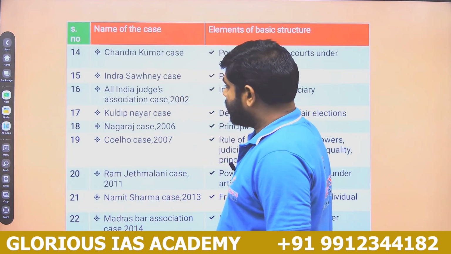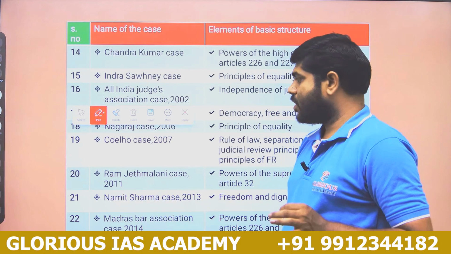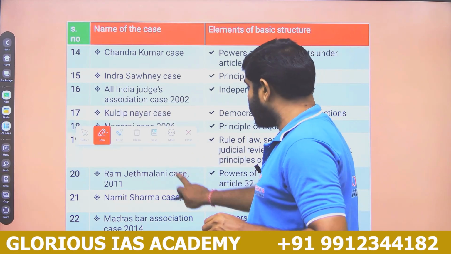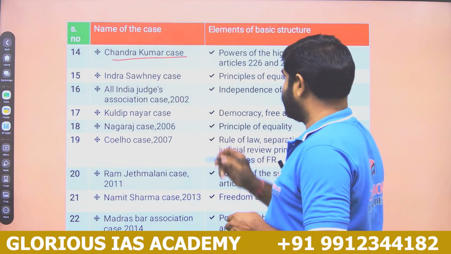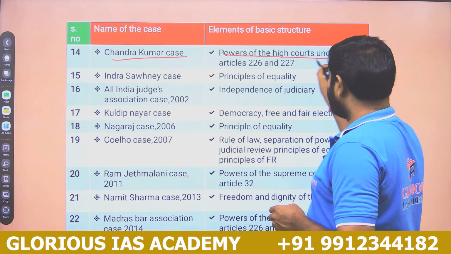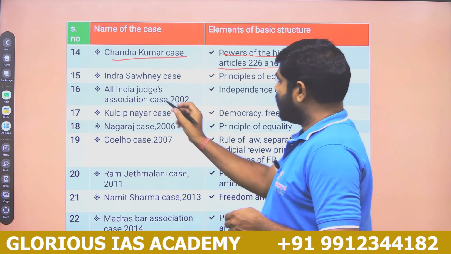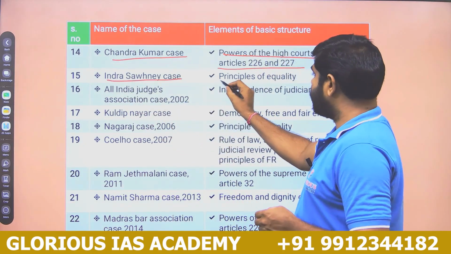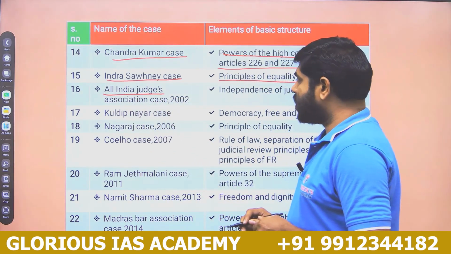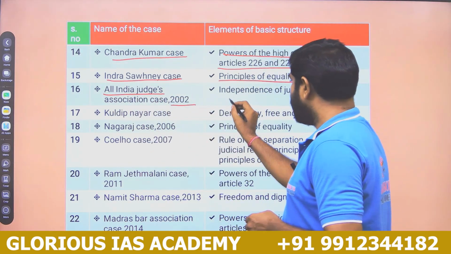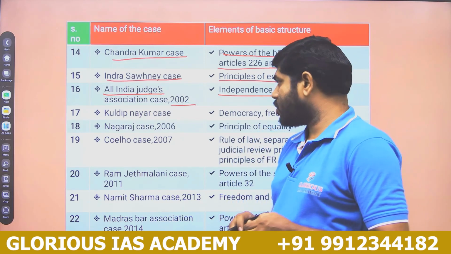Like that, under various cases, 22 in all, a lot of principles were included under the basic structure of the Constitution. In the Chandra Kumar case, powers of the High Court under Articles 226 and 227. In the Indira Sawhney case, principles of equality were included. In the All India Judges Association case of 2002, independence of the judiciary is also part of the basic structure of the Constitution.